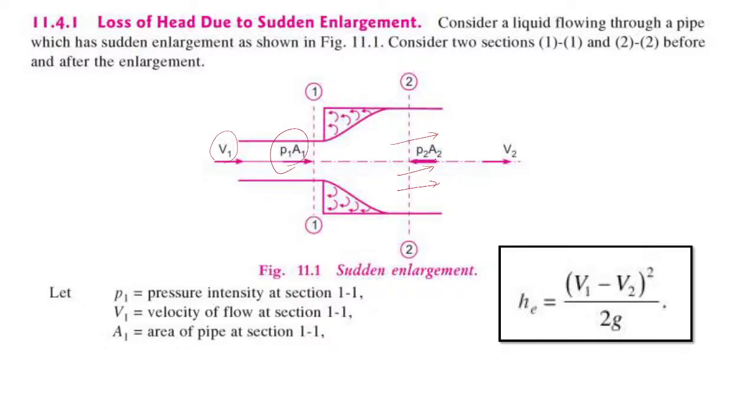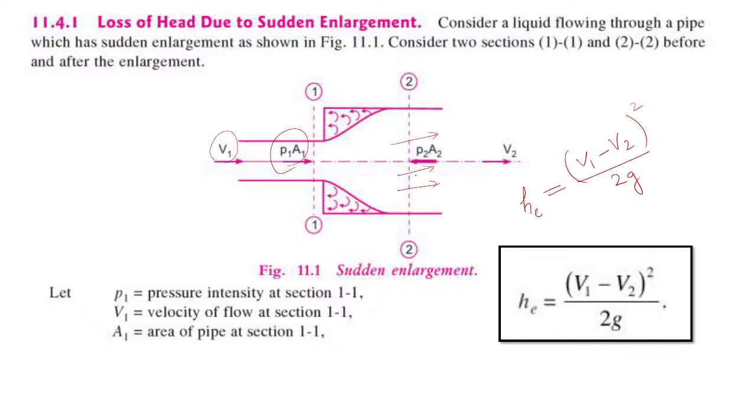There will be changes in the pressure and changes in the velocity. Keep in mind that the enlargement loss is denoted by h_e, and it is written as (V1 minus V2) whole square by 2g.